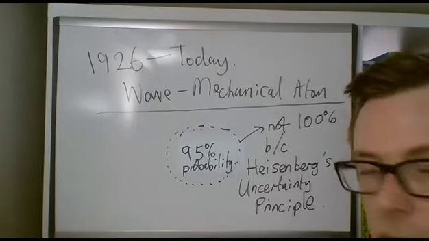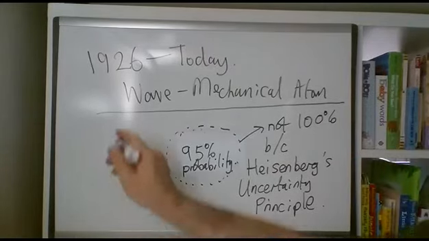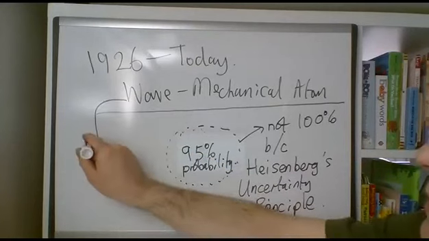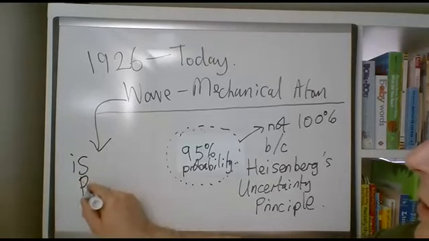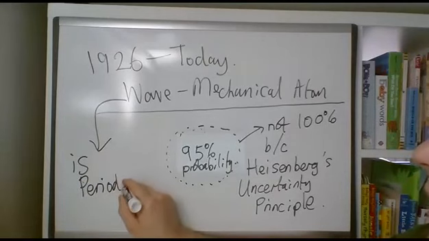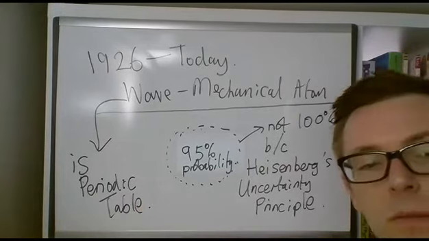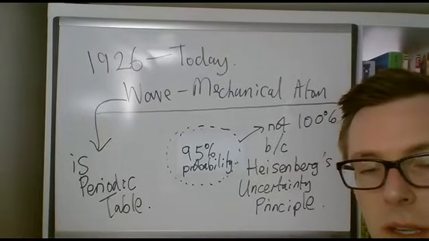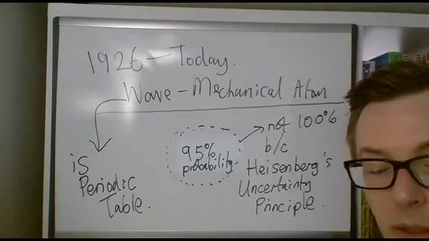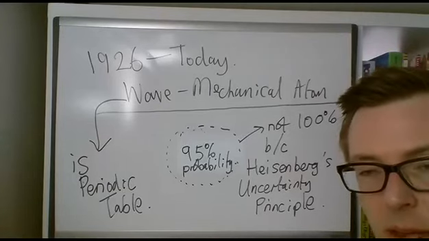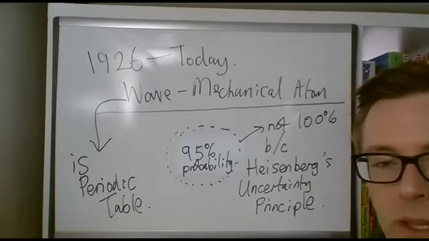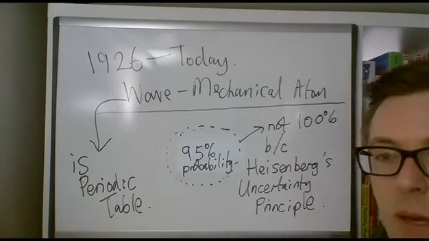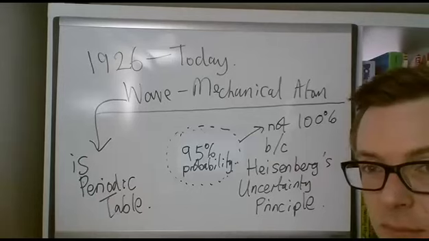A big aha that I'll point out to you: the wave mechanical model is the periodic table. We'll convince each other that the periodic table that you have in every single exam is a gateway into understanding what this wave mechanical model really is, because it's actually the same thing.